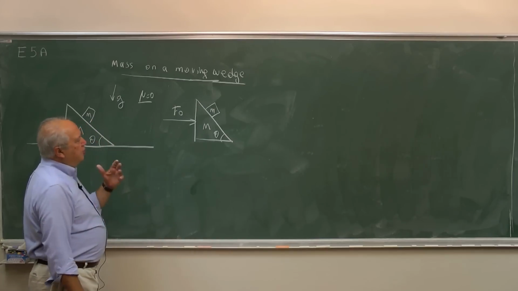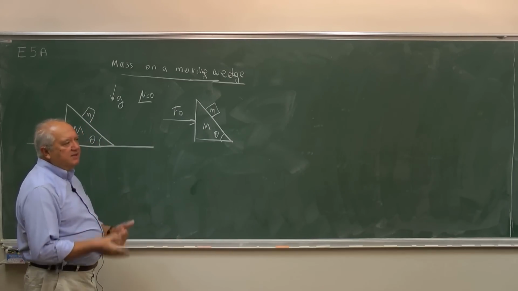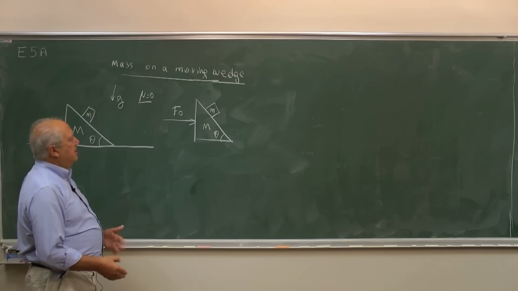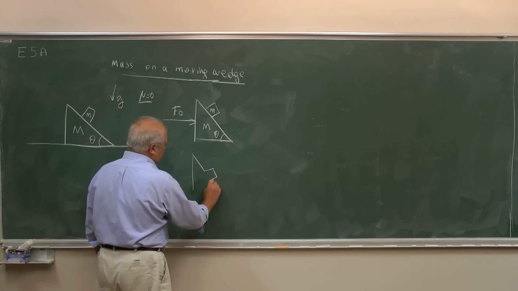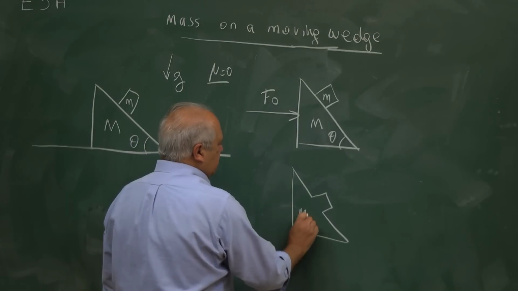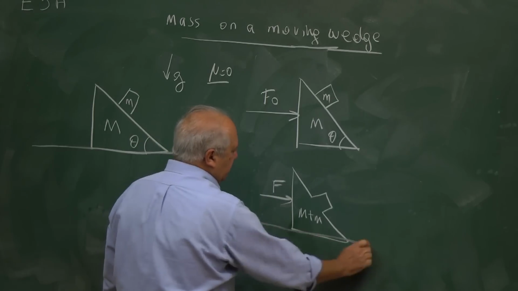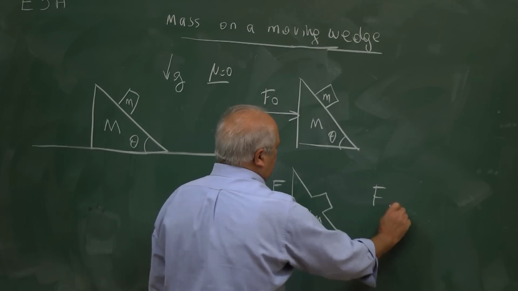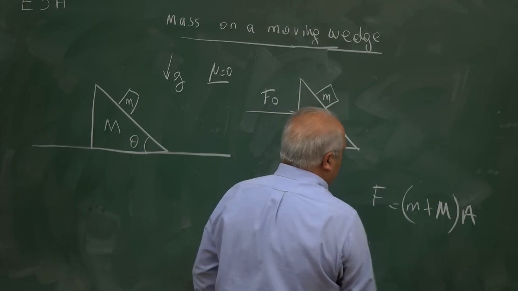What should F0 be so that m and M move together without any relative motion? Namely, they move together. So it is as if the situation is like this: a mass M plus m. Clearly F equals (M plus m) a.